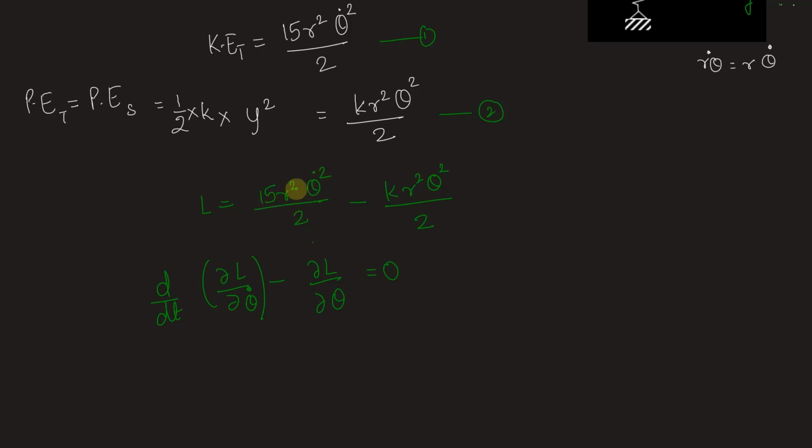We get 15 r square theta dot. So d by dt of 15 r square theta dot minus dou L by dou theta, which is minus of 2 k r square by 2, 2 gets cancelled. We get k r square theta is equal to 0.